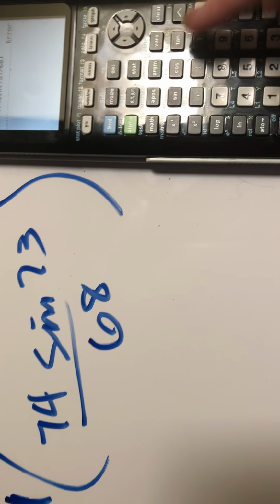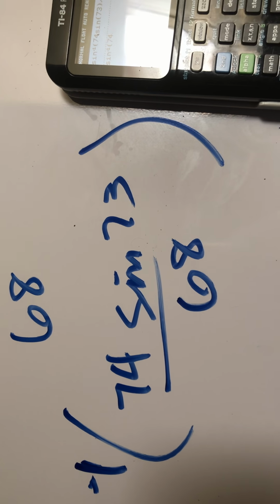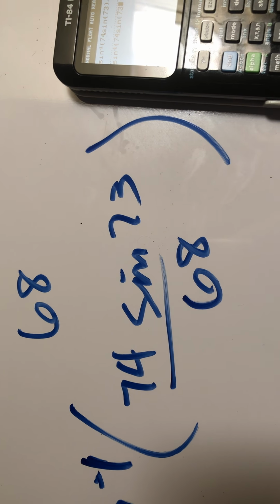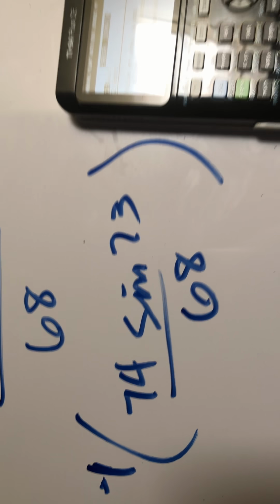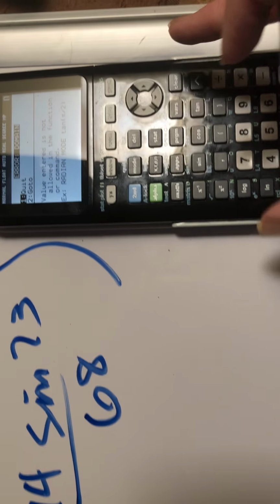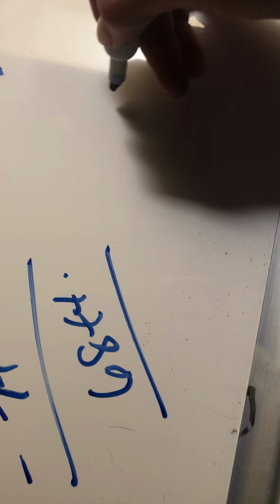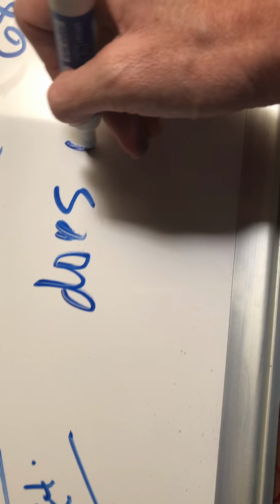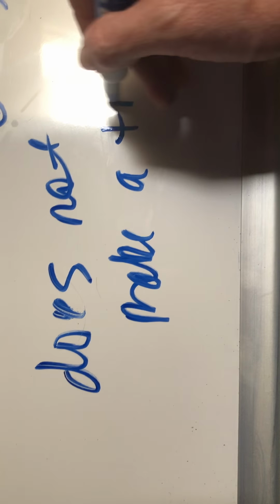Let's see, so second sine 74, sine 73, close parentheses, divided by 68. I still get an error again. So what that means is this. You only have 68 feet left, and it does not make a triangle.